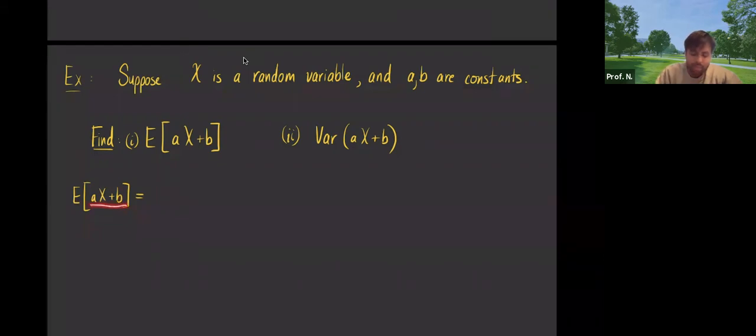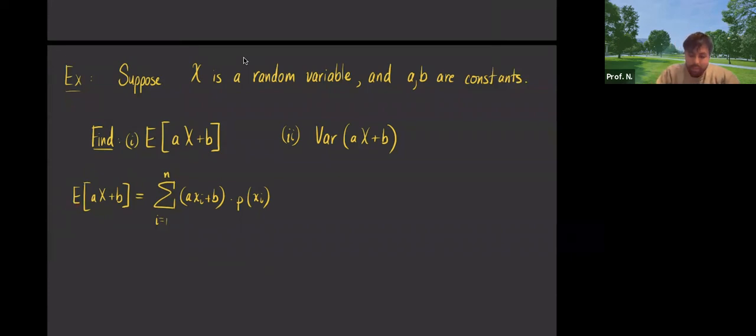So I may not know what this is, but I do know that the expected value of anything is defined as the summation as i goes from 1 to n, and again, n can go to infinity if it's a discrete random variable that has an infinite number of values. But the idea is that this would equal the summation of a times x_i plus b, multiplied by the probability of x_i. It's just a standard definition of expected value. That's all I've done. I've applied the definition for the expected value.